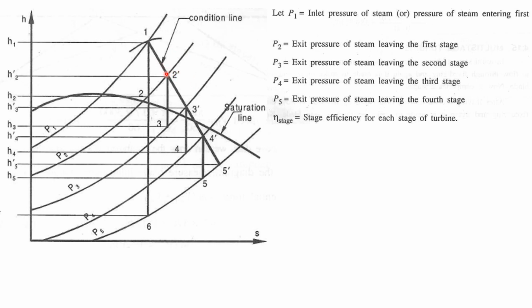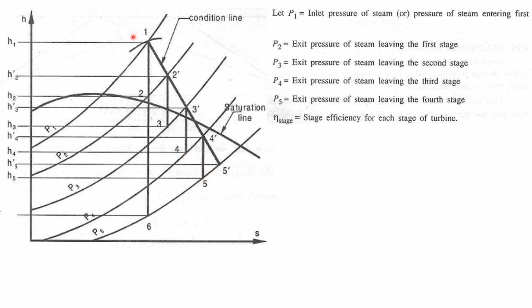Now when it enters stage 2, if we assume that it follows the isentropic path, then it reaches 3, but in the actual case the condition will be 3 dash, and in the next stage corresponding to the 3 over here we get 4, and in the last stage 5.